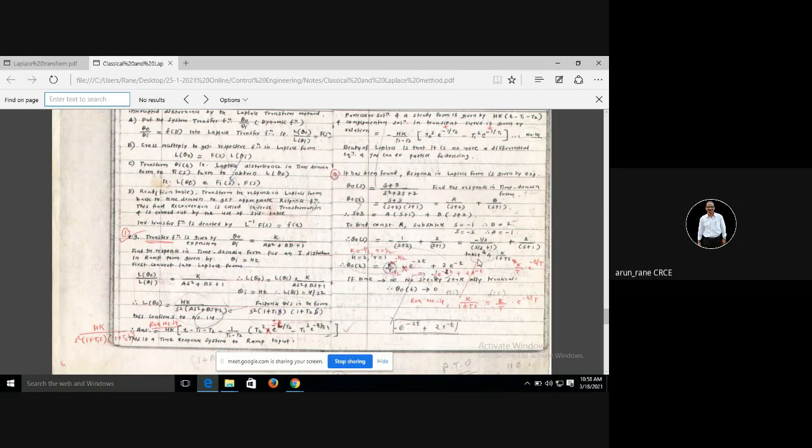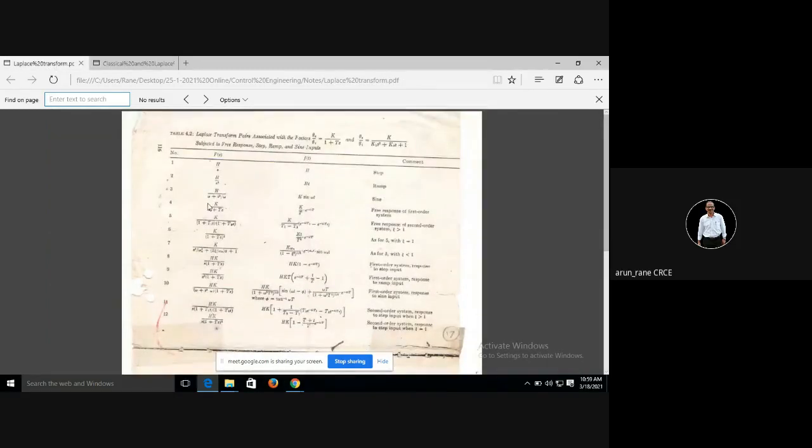So now this conforms to rule number 4 in the table. Rule number 4 is K upon 1 plus Ts. So its time domain form is nothing but K by T into e raised to minus t upon T.